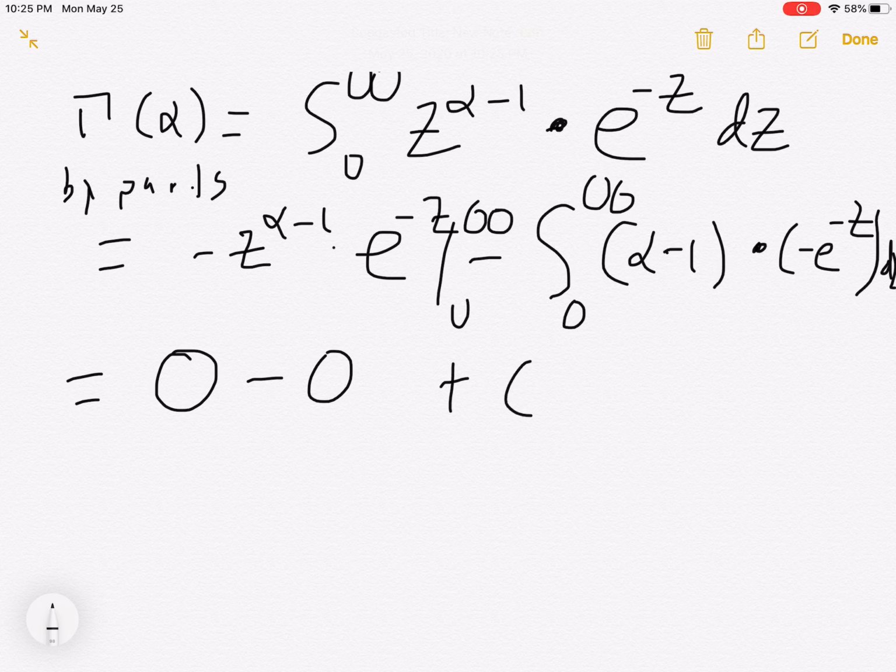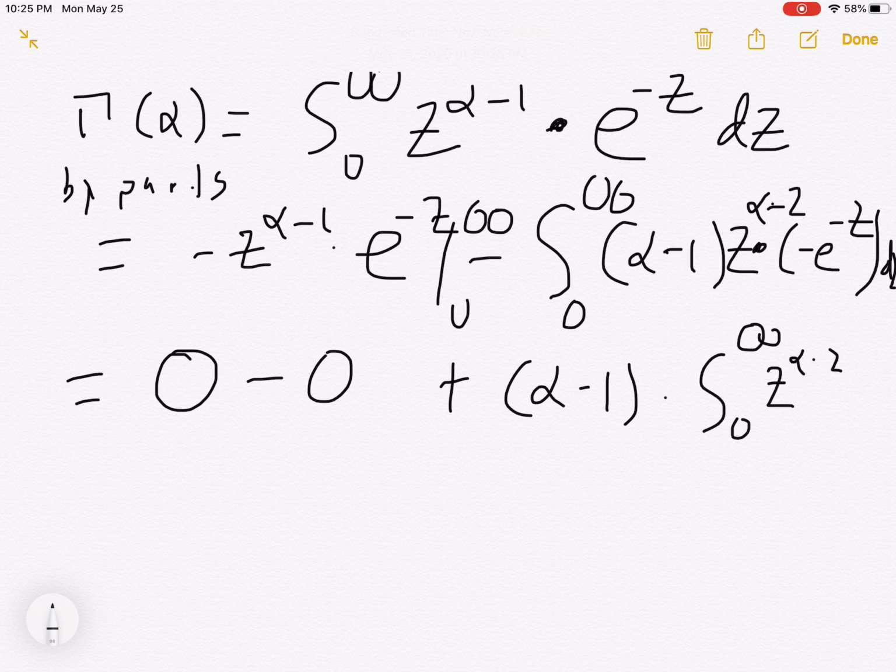Plus alpha minus 1 times this integral from 0 to infinity, and here this should be z to the alpha minus 2. Just forgot to write that. z to the alpha minus 2 times e to the minus z dz.